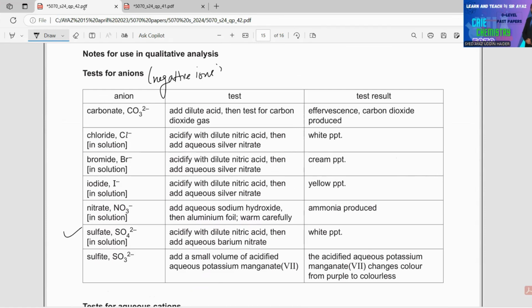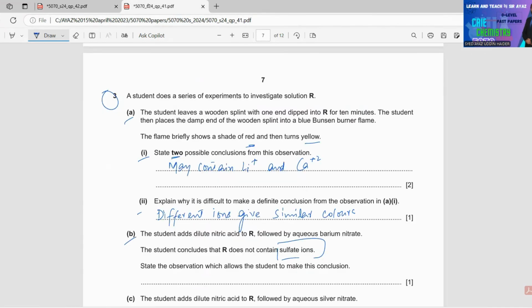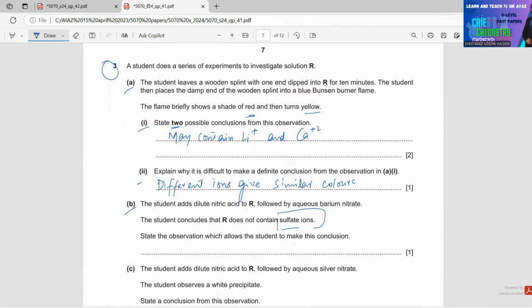So here's sulfate. If you acidify with dilute nitric acid, then add aqueous barium nitrate, it must give white precipitate. So it's not giving white precipitate, so you'll write no change. That's why the student made this conclusion.